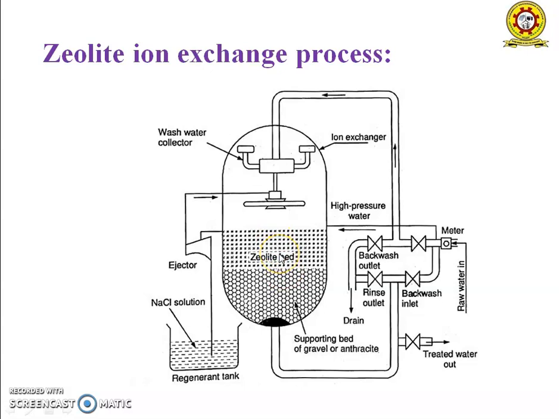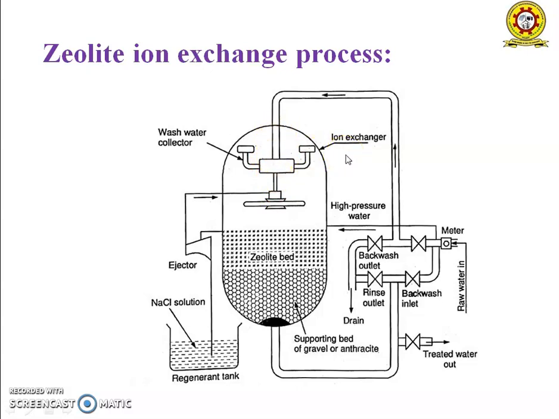From the zeolite bed it passes through, and backwashing is necessary. After passing through the beds, the supportive bed of gravels is collected here, and with the regenerative tank with sodium chloride and an ejector used for the high pressure water, the backwash water is collected here and it gets recycled.